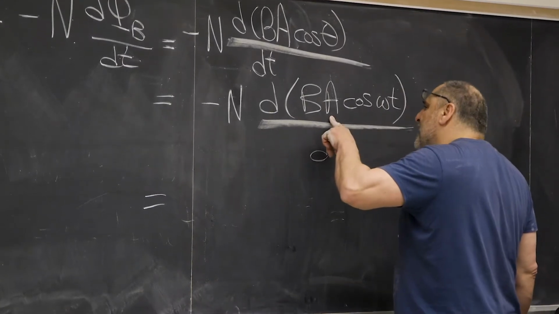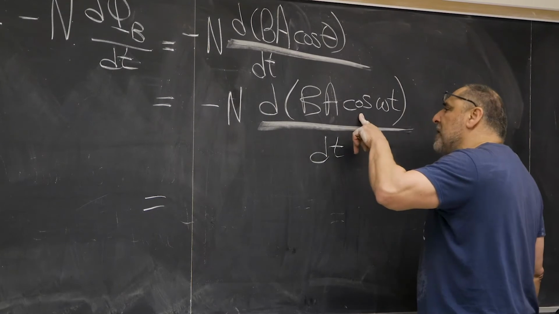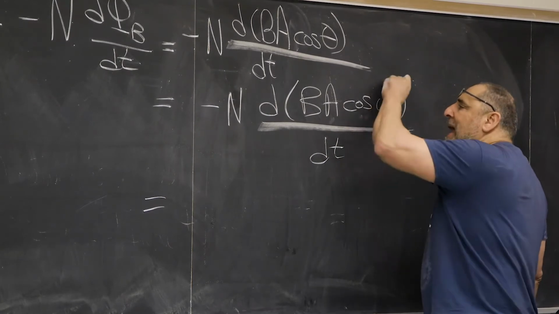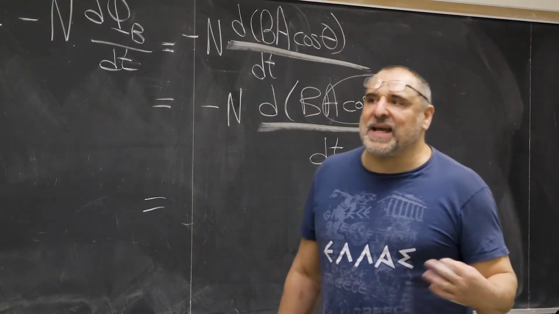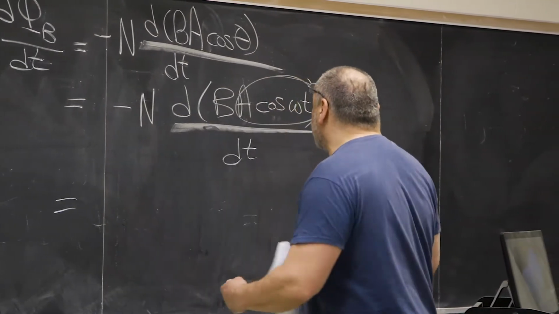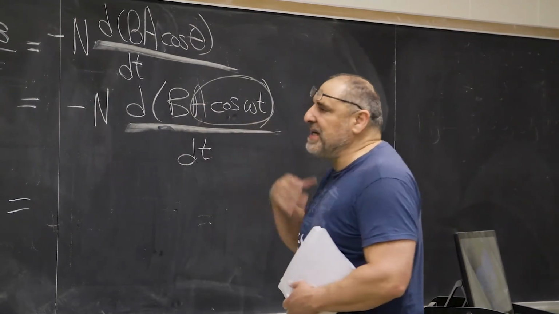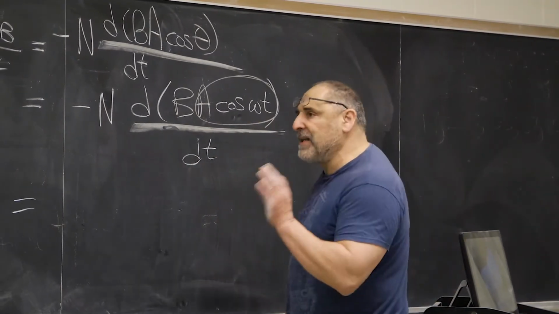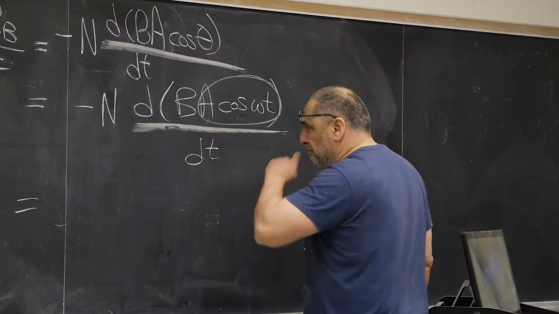A doesn't change either in this case because it's the maximum area times the cosine function. The cosine function allows the area to become variable. They're treating B and A as constants here, and the cosine omega t is what allows the effective area in contact with the B field to vary.